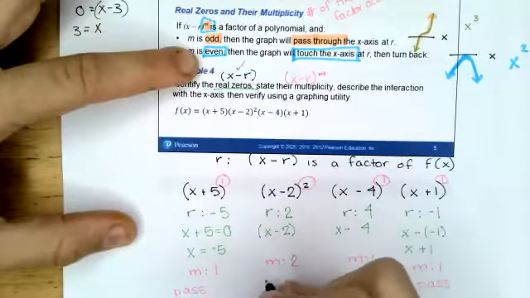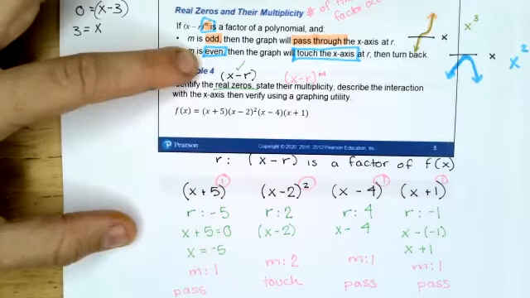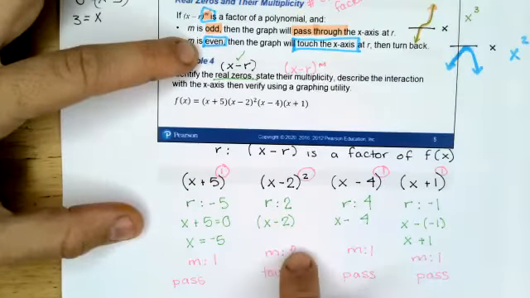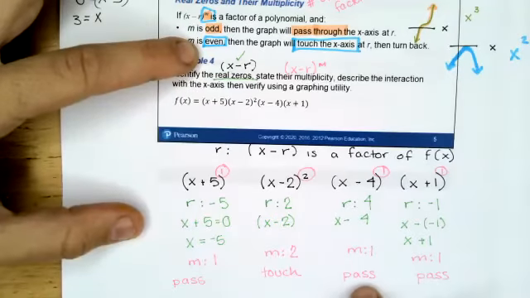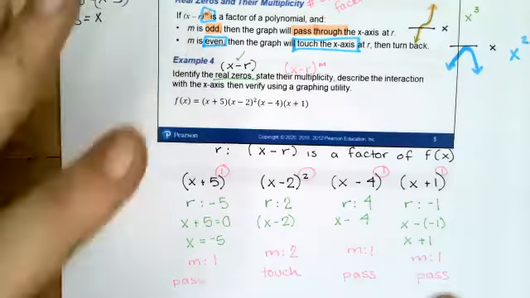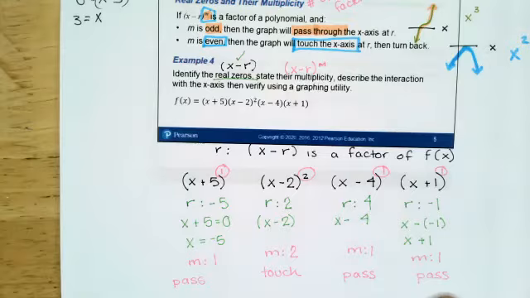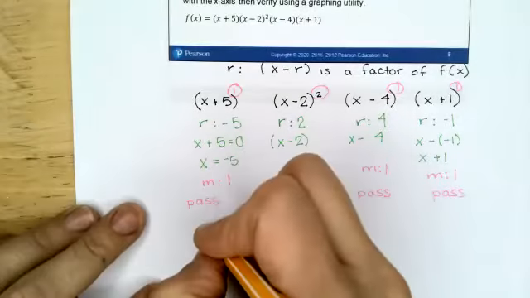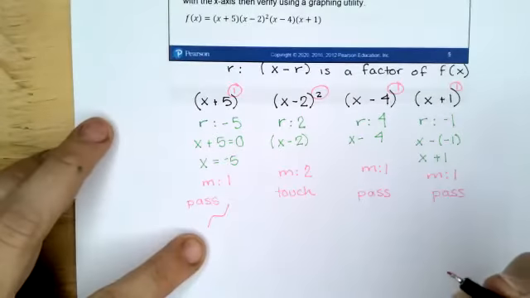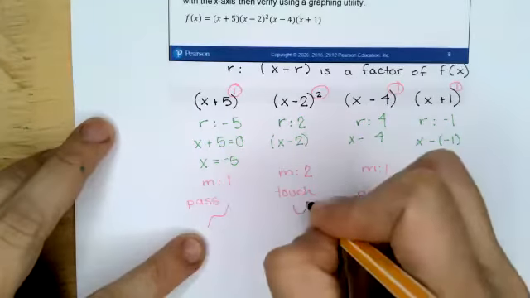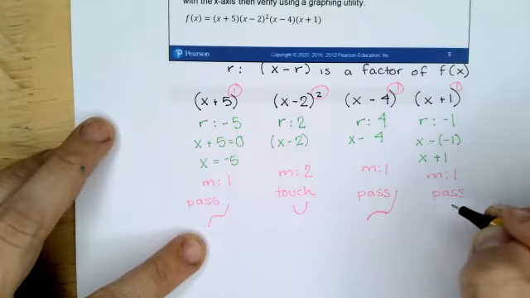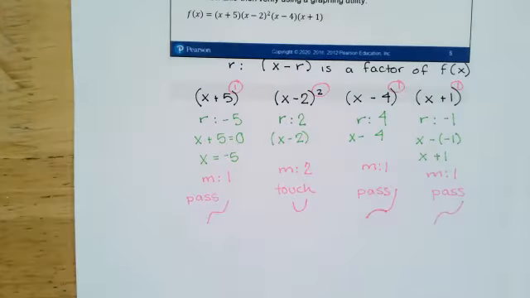If it's even, it will touch. 1 is an odd number, so it passes. 2 is an even number, so it touches. 1 is an odd number, so it passes. 1 is an odd number, so it passes, or crosses the x-axis. Good, and you can even draw a little picture, right? This passes through the x-axis. This touches the x-axis. This passes the x-axis. This passes the x-axis.